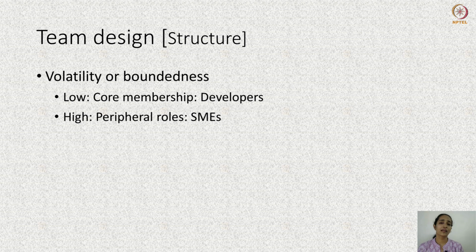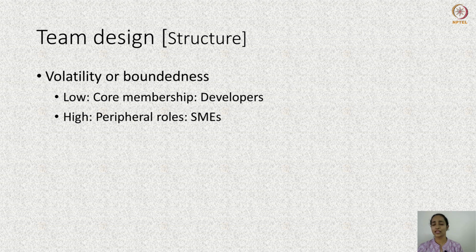Second, their membership in the team starts with the beginning of the team and often goes on till the team is disbanded. And finally, most of the team members in highly bounded teams work on core areas of the team task.